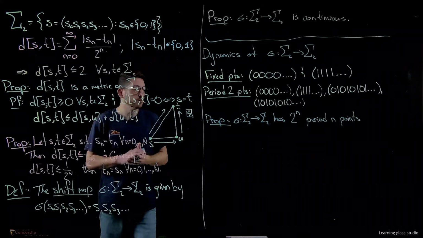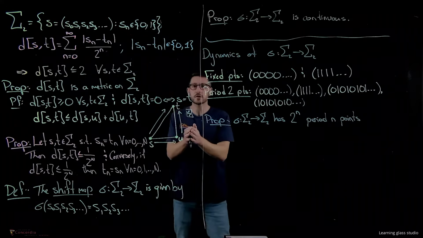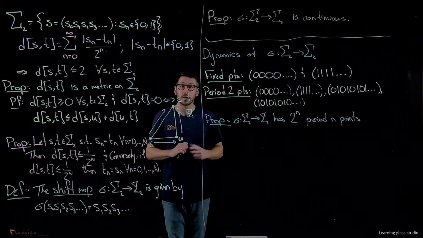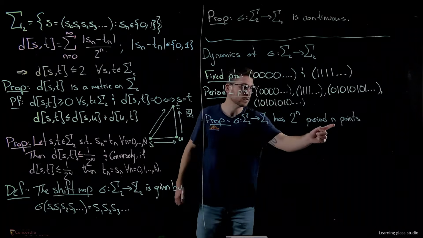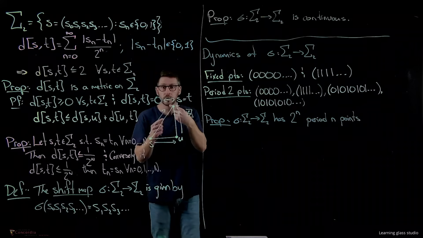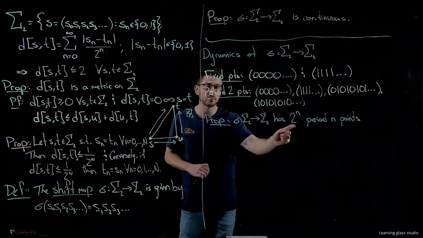And again, the reason for this is that if you want a period n point, you just need to identify the first n digits and then repeat them to create an infinite sequence. So how do you choose the first n digits? Everything is 0 or 1. So that's 2 for the first digit, times 2 for the second digit, times 2 for the third digit. That gives you 2 to the n here.